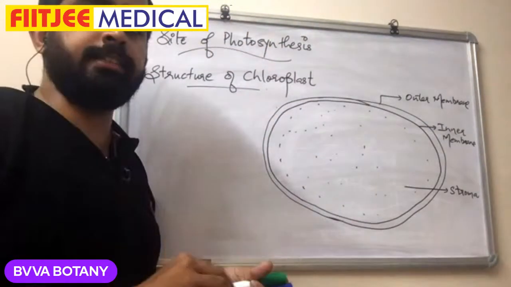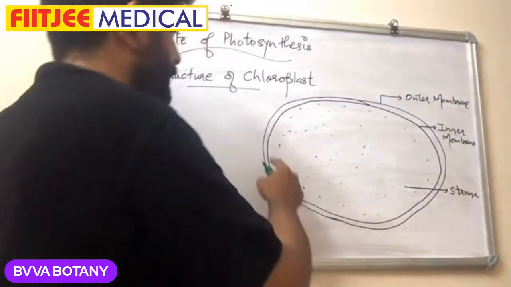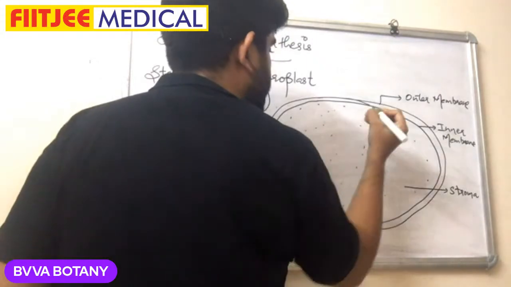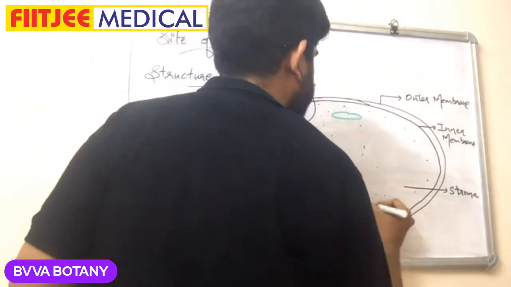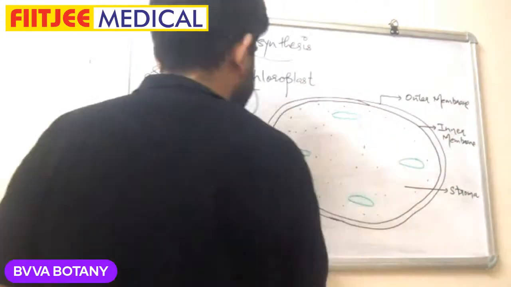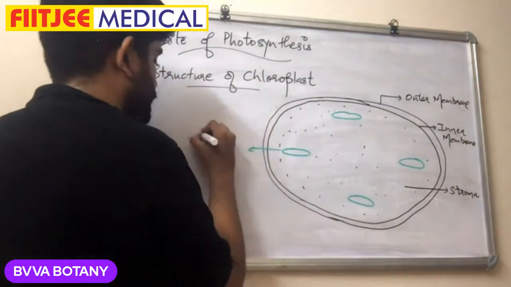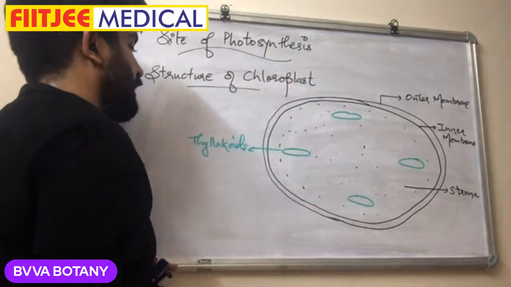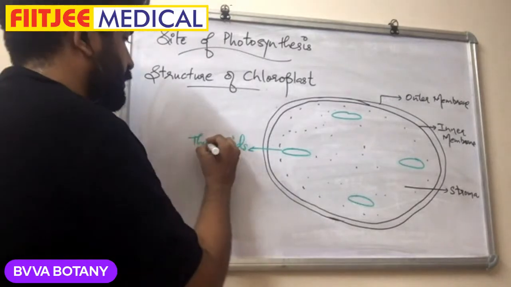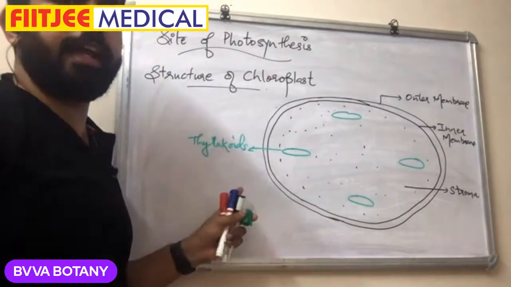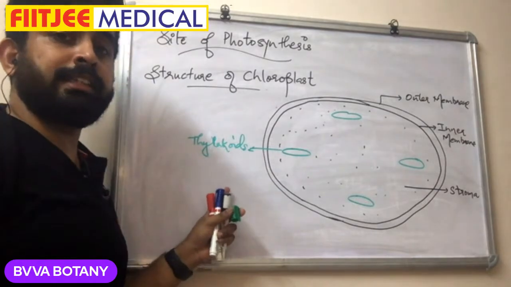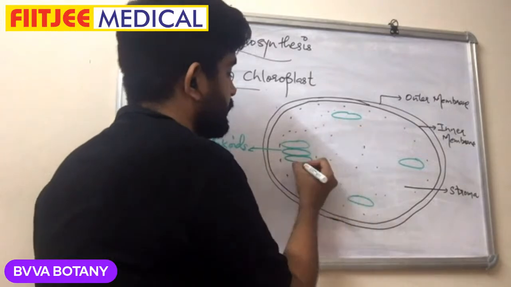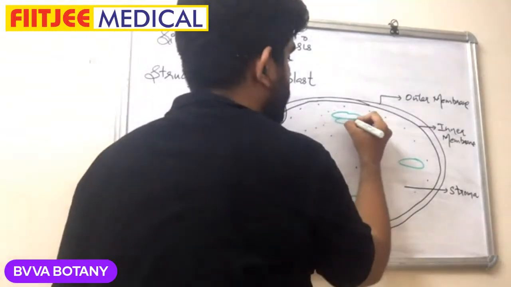The stroma has certain structures present inside it, formed from the membrane, which we call the thylakoids. Now, these thylakoids are not seen as single structures. They're actually found one above the other, just like a stack of coins.